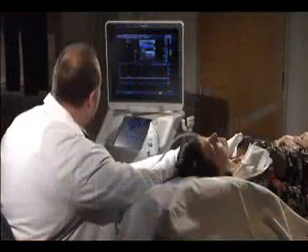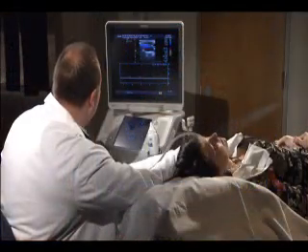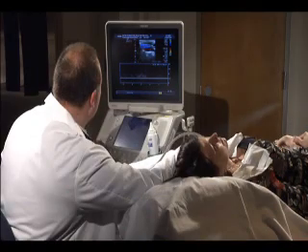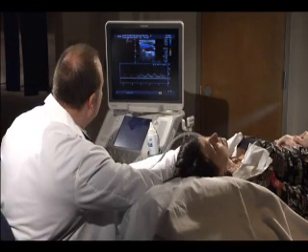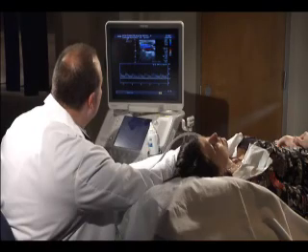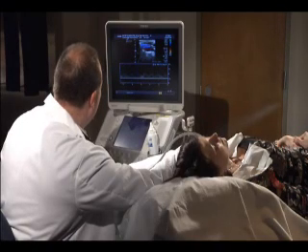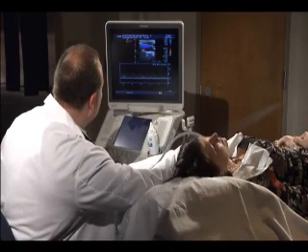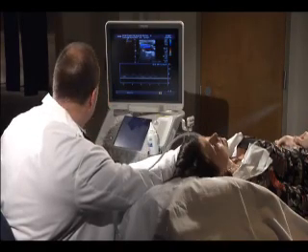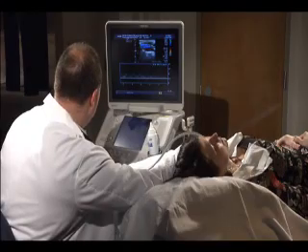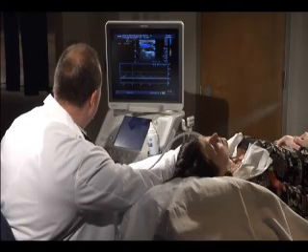Typically, patients over 50 years of age. We are looking for mostly patients who have some sort of risk factors, which could include high blood pressure, diabetes, high cholesterol. Family history of blockage is another one that we sometimes identify patients with. Smoking is by far the largest factor that we have to look at when we look for carotid blockage, no matter what the age.